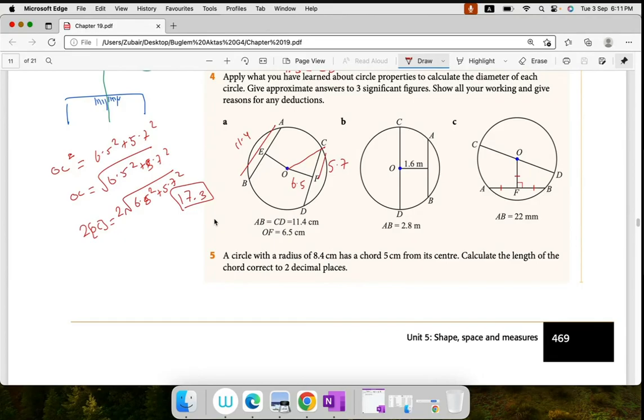It is 17.29, so it rounds to 17.3. Try B part.